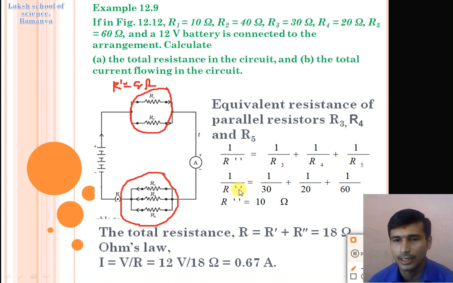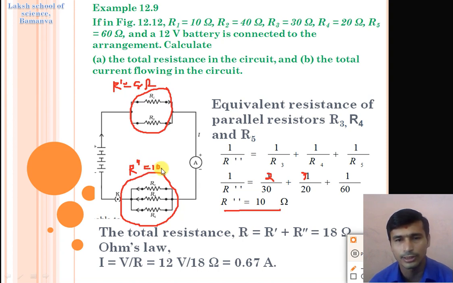The value of R3 is 30, R4 is 20 and R5 is 60. Taking the LCM, 60, we get 2 plus 3 plus 1, that is 6, divided by 60. So R double dash is 10 ohm. The equivalent resistance of this configuration, R double dash, is 10 ohm.